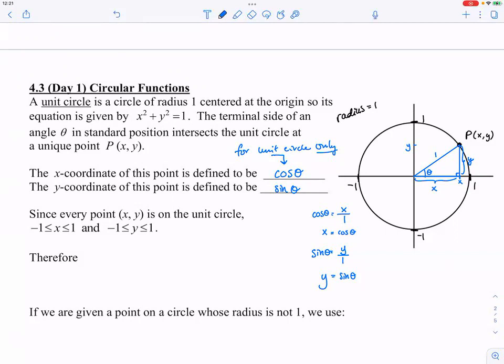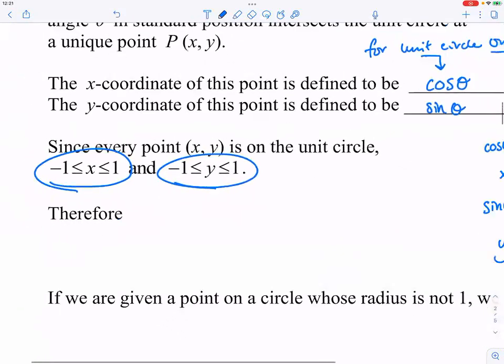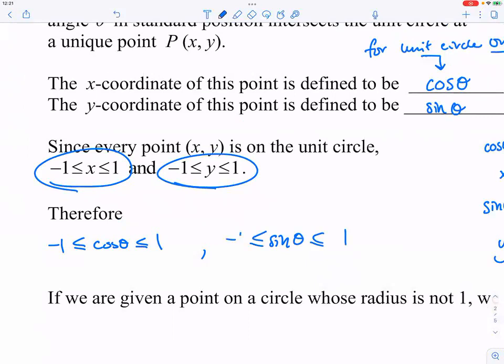And this is why on your paper, it said x has to be between 1 and -1, and y has to be between 1 and -1. So therefore, cosine theta would also be between 1 and -1, and sine theta has to be between 1 and -1. Okay, I think it's printed on your paper already.